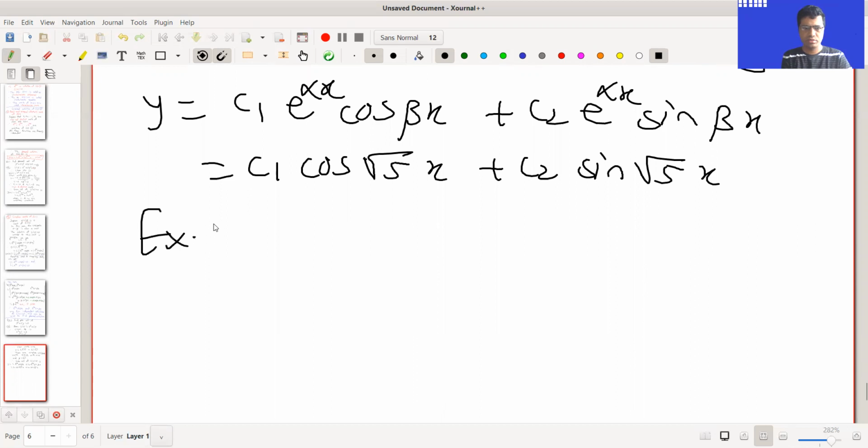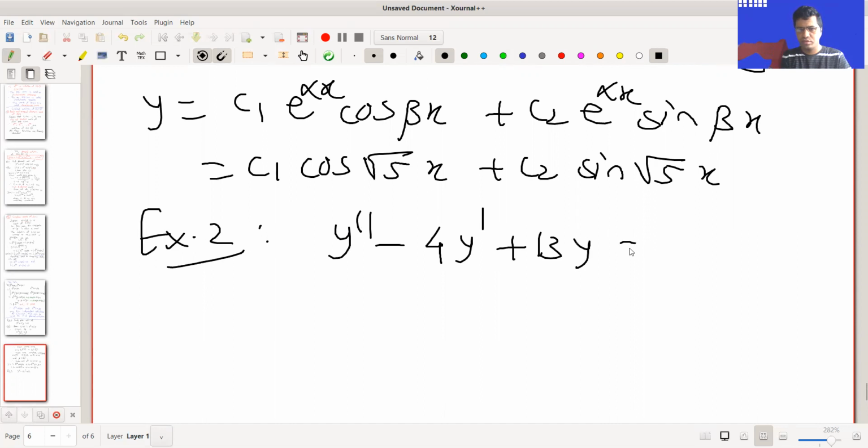Next example, again find general solution. Problem is y double dash minus 4y dash plus 13y equal to 0.